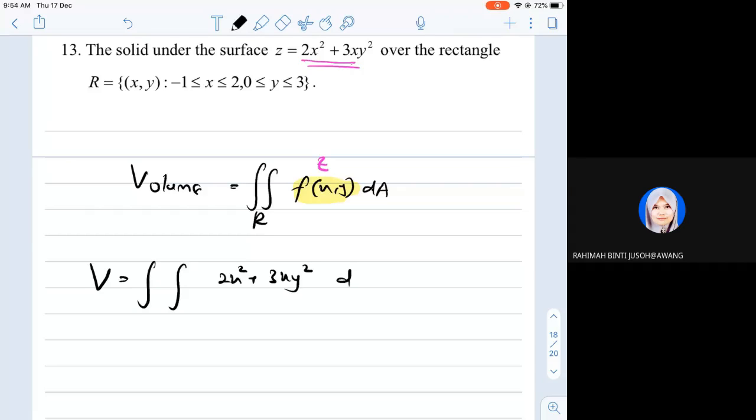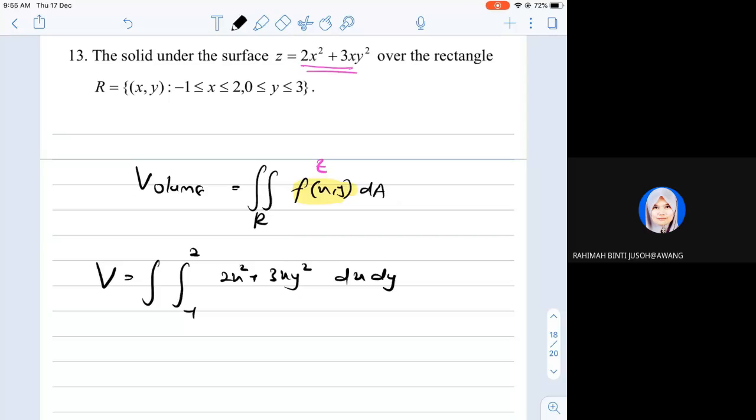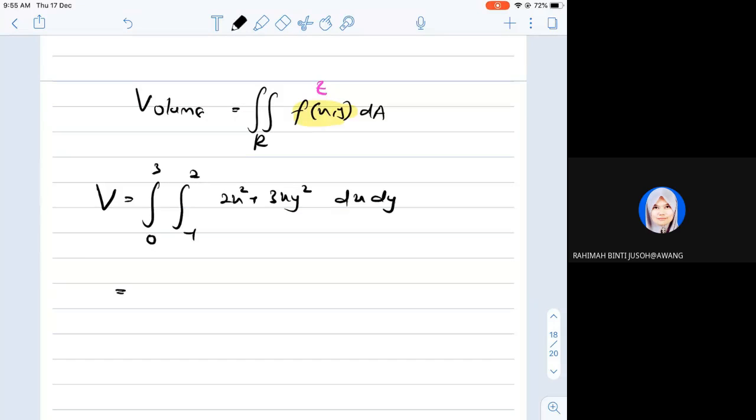Do you want dy dx or dx dy? I follow this one, dx dy. Okay, let us do dx dy. So the inner limit should be from negative 1 until 2, and then y from 0 until 3. Let us solve this.